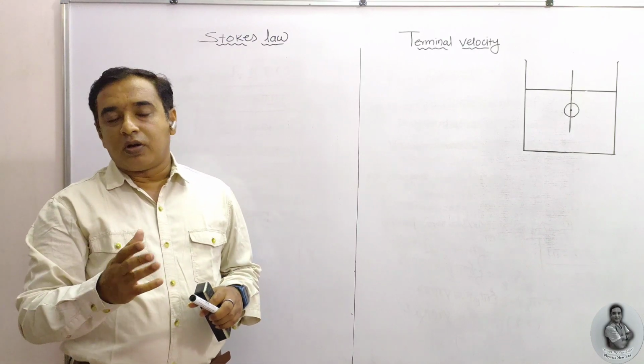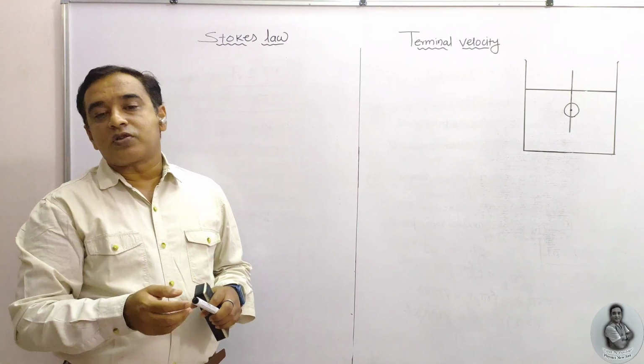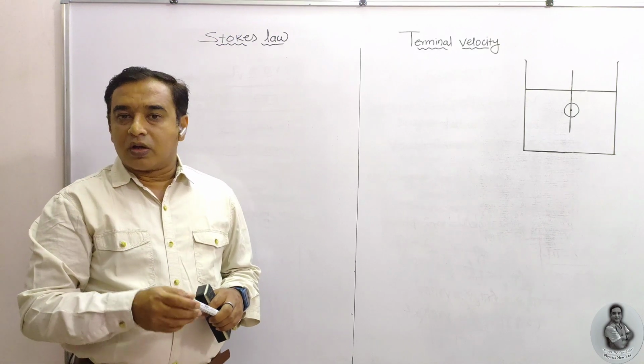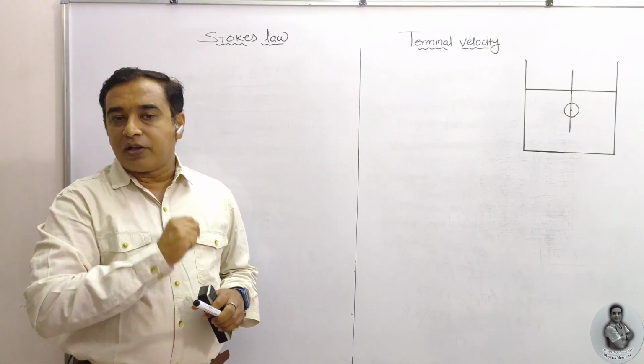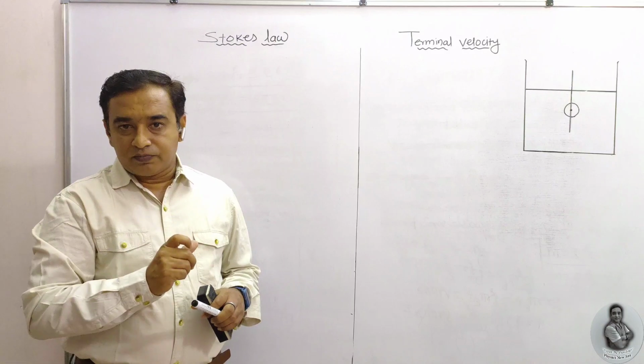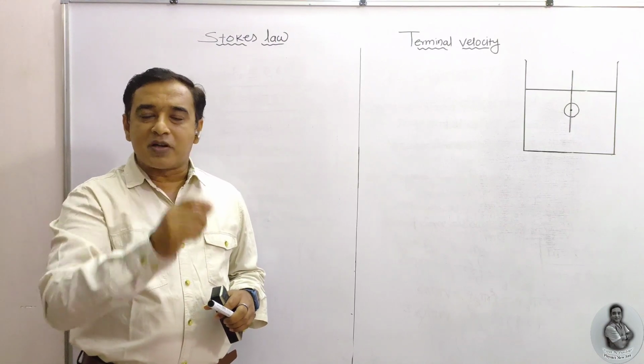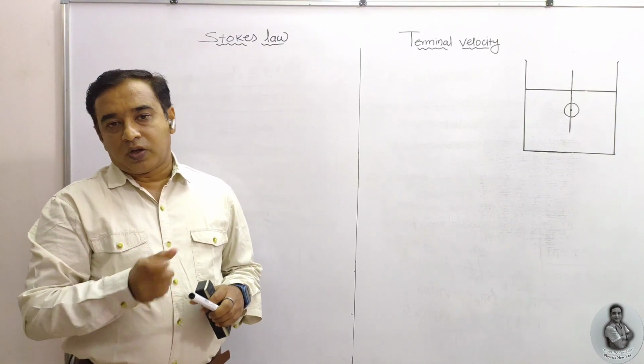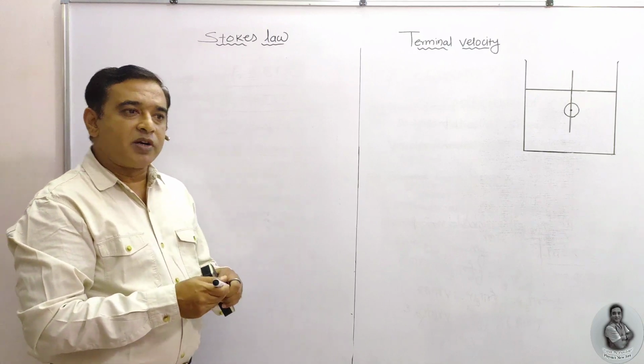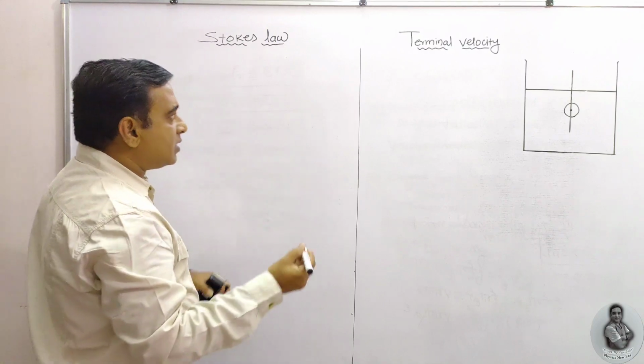It is proportional to the viscosity of the liquid, the radius of that spherical body, and the velocity when it passes through that liquid. So Stokes has given the statement and accordingly we are going to write that.